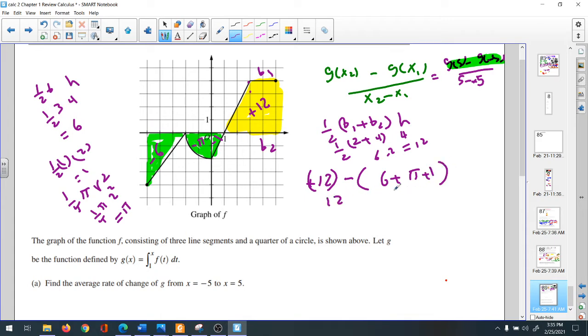So it's 12, and 6 plus 1 is 7, so it's negative 7 plus pi. Finally, 12 minus 7 is 5 plus pi, divided by 5 minus negative 5, which is 10. This is the answer for part A.